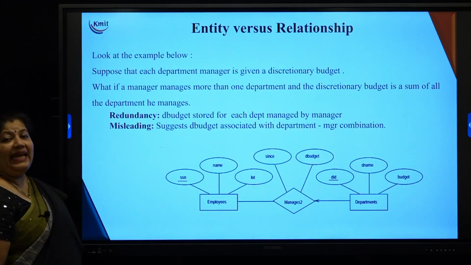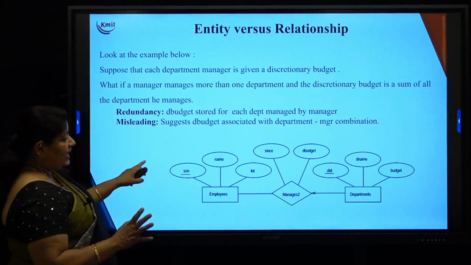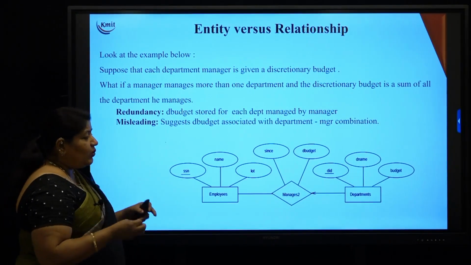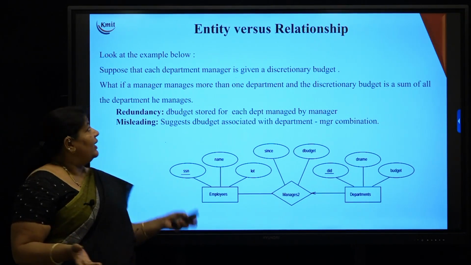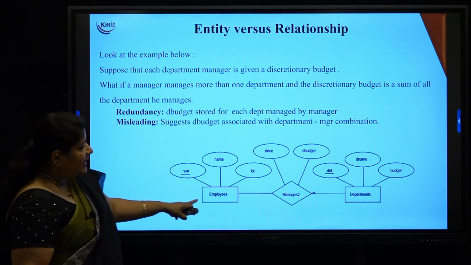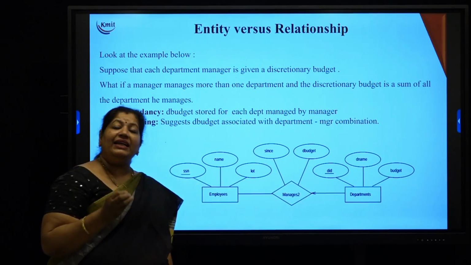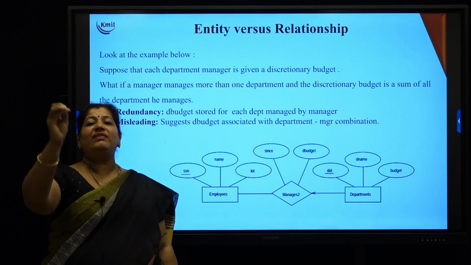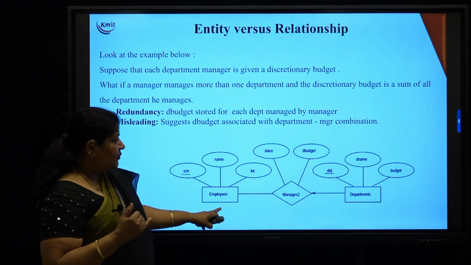Next, entity versus relationship. The situation here is, should I use an entity or introduce a new relationship itself? Look at this example. Here, employees work for departments and departments are allotted certain discretionary budgets.